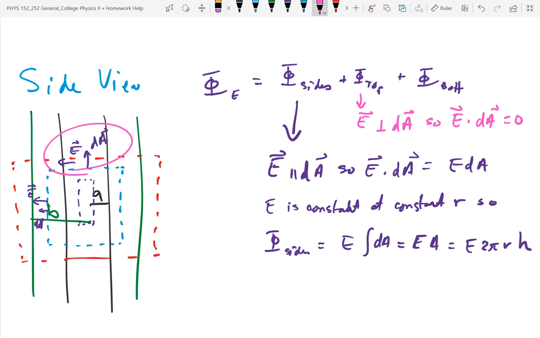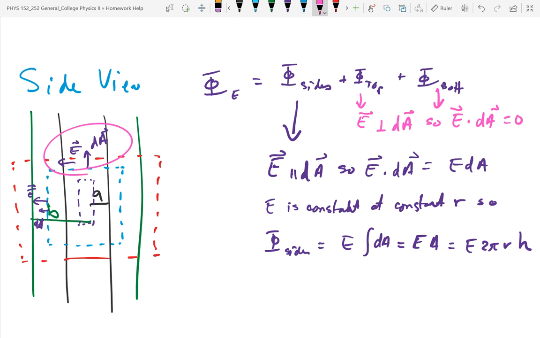The electric field is sure as life not constant on the top, but E dot dA is 0 everywhere. And the bottom has exactly the same symmetry. And so I had three fluxes to worry about, but 2 of them are going to be 0.